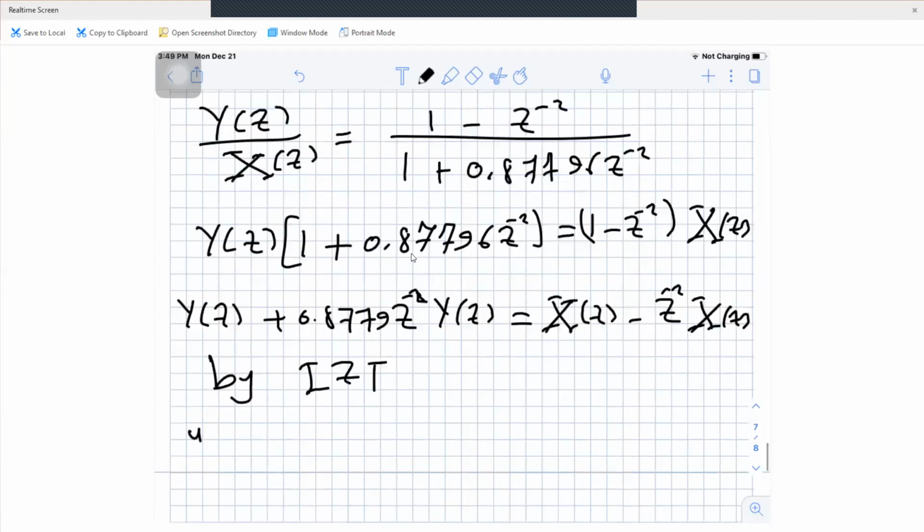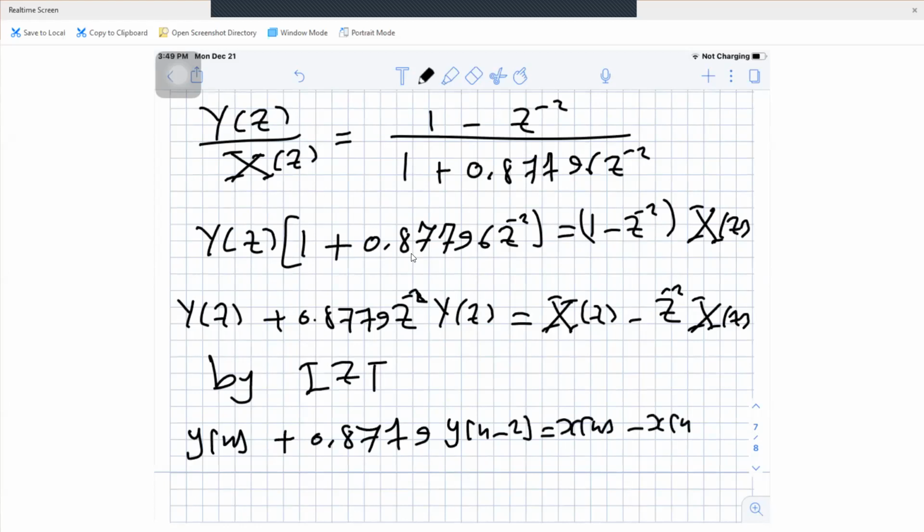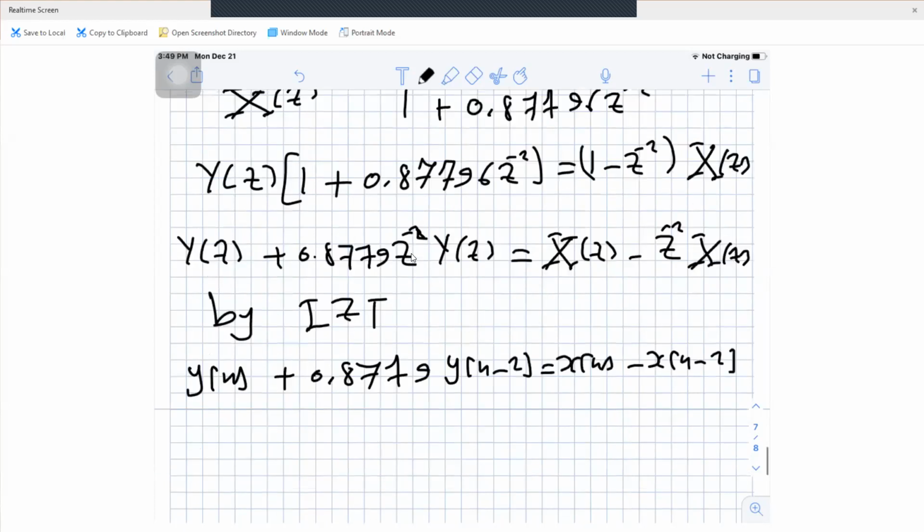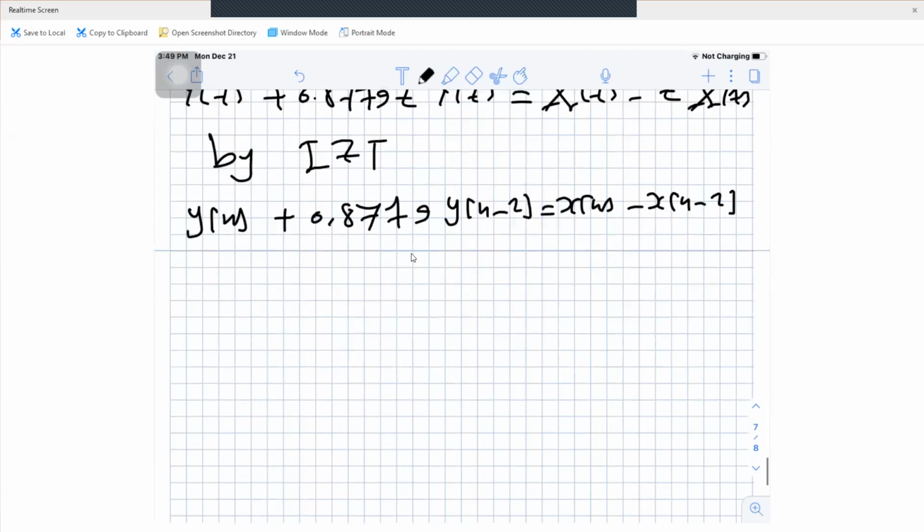We have y of n plus 0.8779 y of n minus 2 equals x of n minus x of n minus 2. So in this way, we have obtained the difference equation. Look, please, we are going to finish the example.